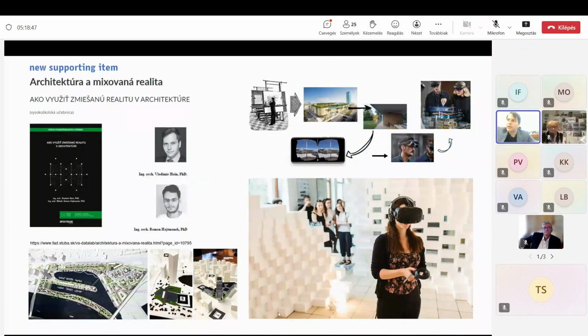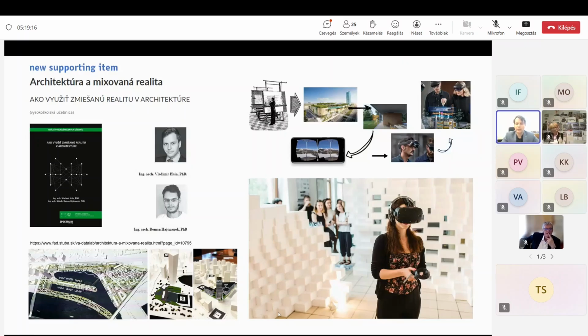All this information, as Ivica mentioned, we are trying to teach students in the subject architecture and mixed reality, and with my colleague Roman Heitmanek I wrote an academic book for the lectures, where this information and industrial heritage cases and protection are mentioned.